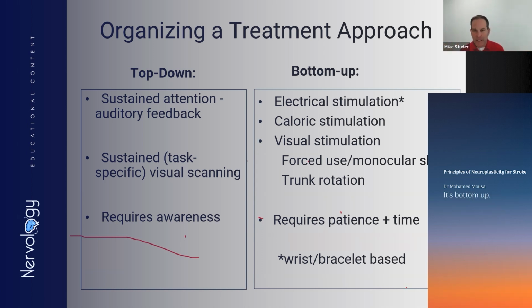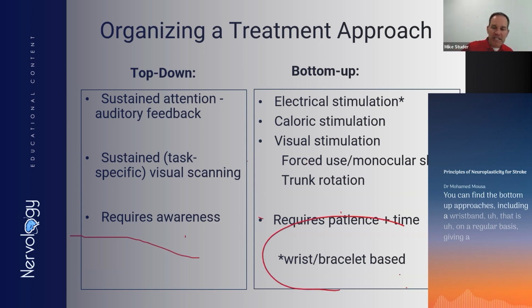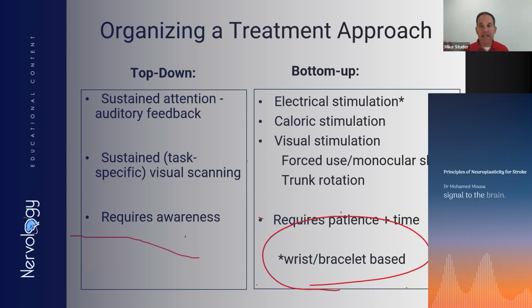It's bottom-up. You can find the bottom-up approaches, including a wristband that is on a regular basis giving a signal to the brain. Remember the left arm, it's right over here. Feel that electrical impulse. Remember to look down at the left arm.